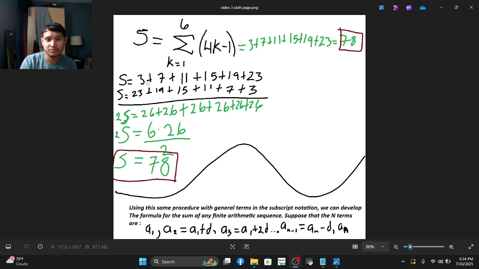Use the first term and the last term and add them. We have 26. Keep doing that. As we see, we have all 26s, and we counted 1, 2, 3, 4, 5, 6, 6 times 26, and then divided by 2. It will be 78. Okay.